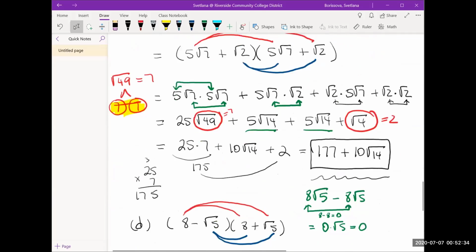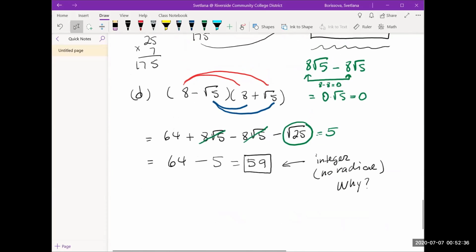So how come this time we don't have any radicals left? Can you notice, or do you have some ideas why that happened? I guess the hint is, is there anything special about what we multiplied? Any suggestions or ideas why that happened?